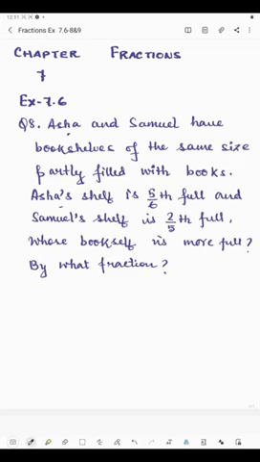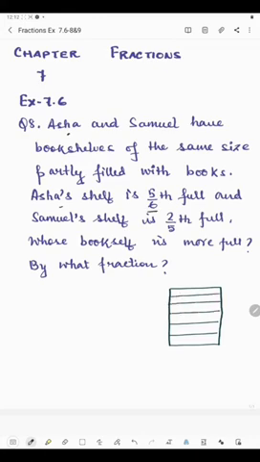Now Asha's shelf is 5 by 6 full, means here suppose the shelf is 6, 1 2 3 4 5 6. Suppose the shelf is 6 and out of 6, the fifth shelf is filled with books.